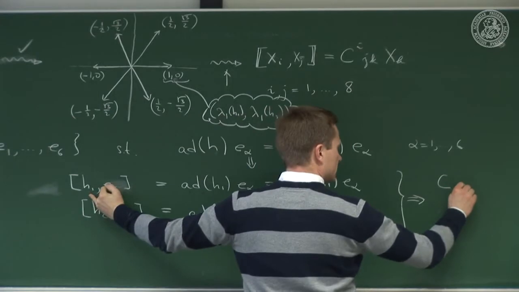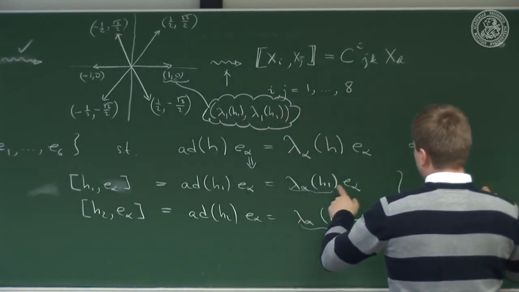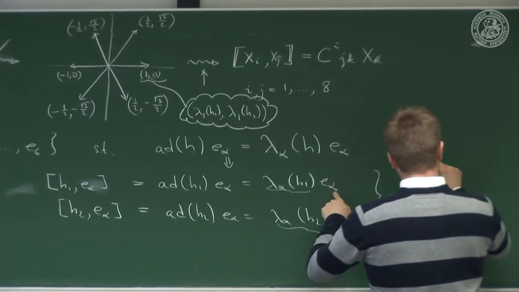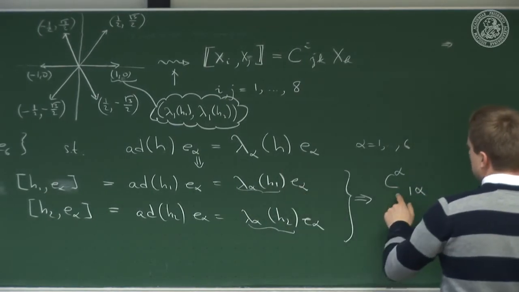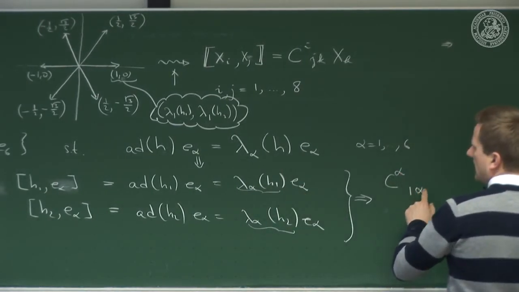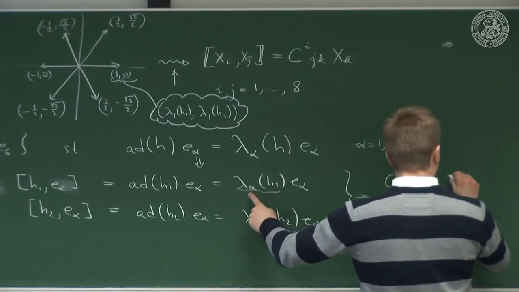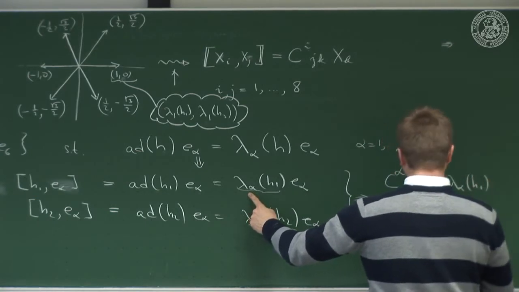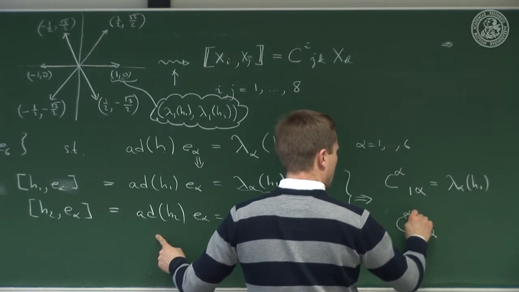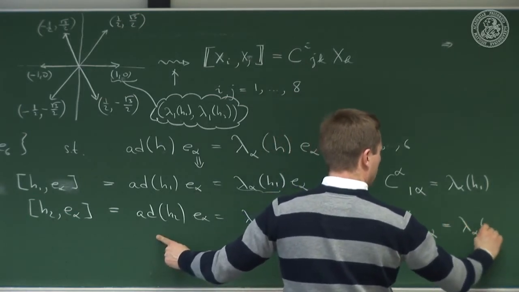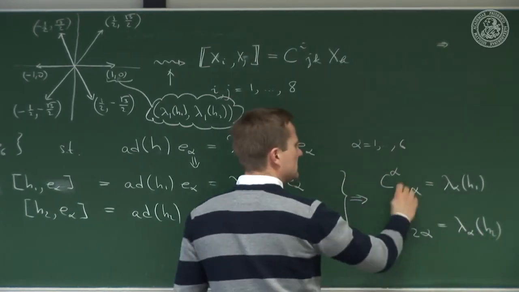This one is the structure coefficient c_{1 alpha}, and you see this can be expressed as simply a factor times the e_alpha, so we have c_{1 alpha}^alpha is lambda_alpha of h1, and down here we have c_{2 alpha}^alpha is lambda_alpha of h2, and here there's no sum.